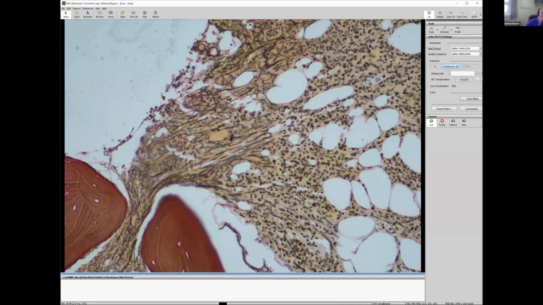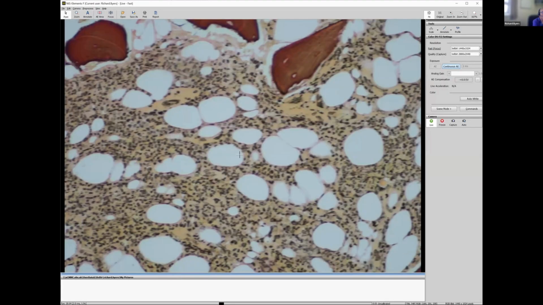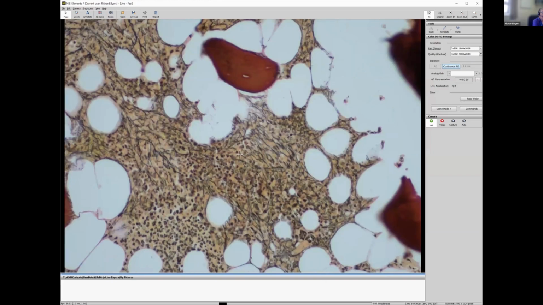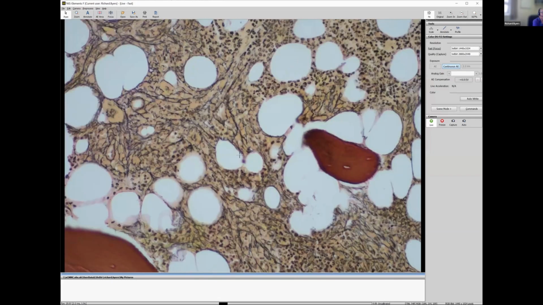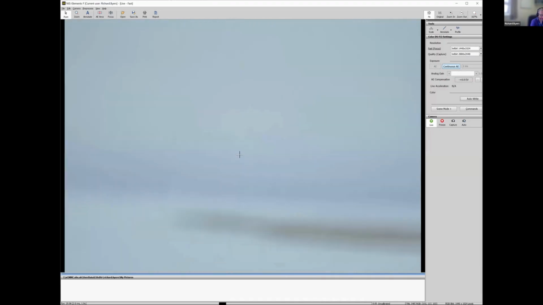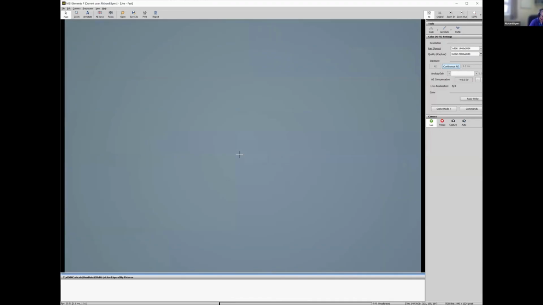I think this is just grade 2, and we haven't got such strong osteosclerosis. So I think we've got focal grade 2. There are coarse fibers here, and coarse fibers equals grade 2. The megakaryocytes are increased.